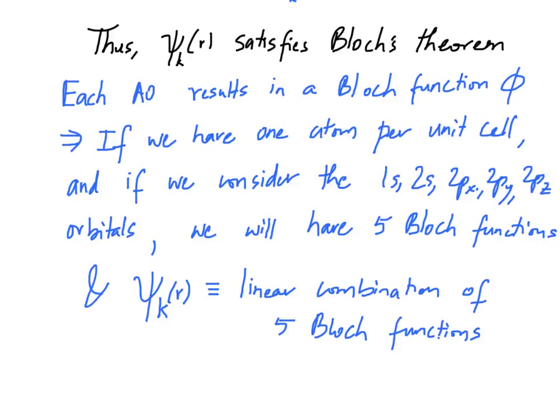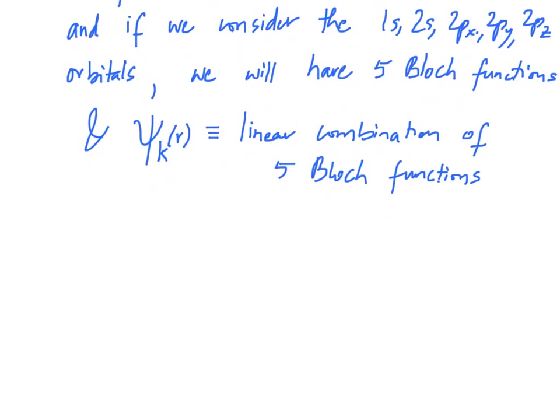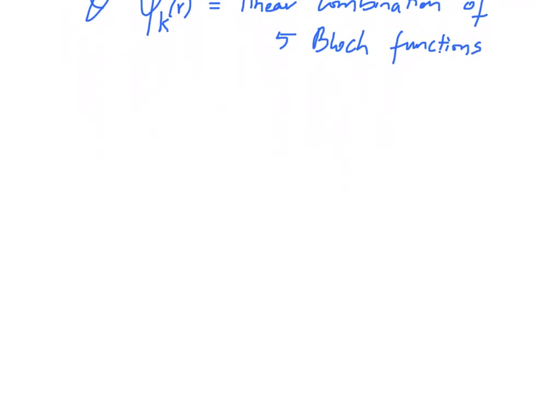So we are going to illustrate all of this using a simple example. We are going to consider a 1D lattice of atoms, and we are going to consider one atom per unit cell, and one atomic orbital, the 1s atomic orbital per atom.